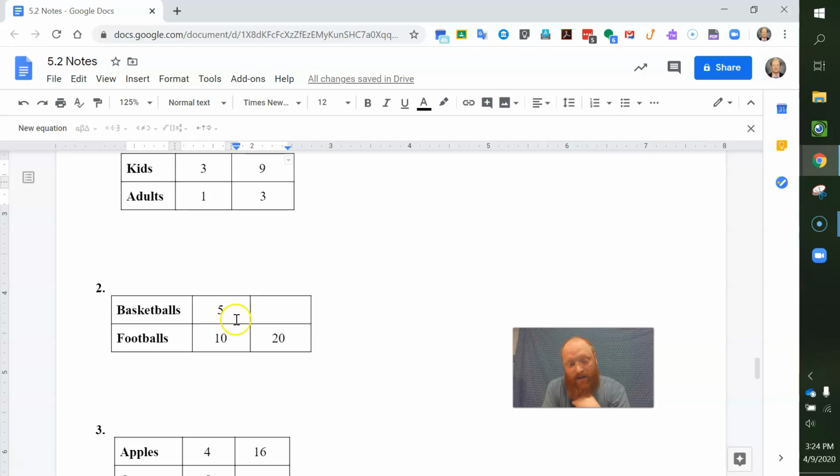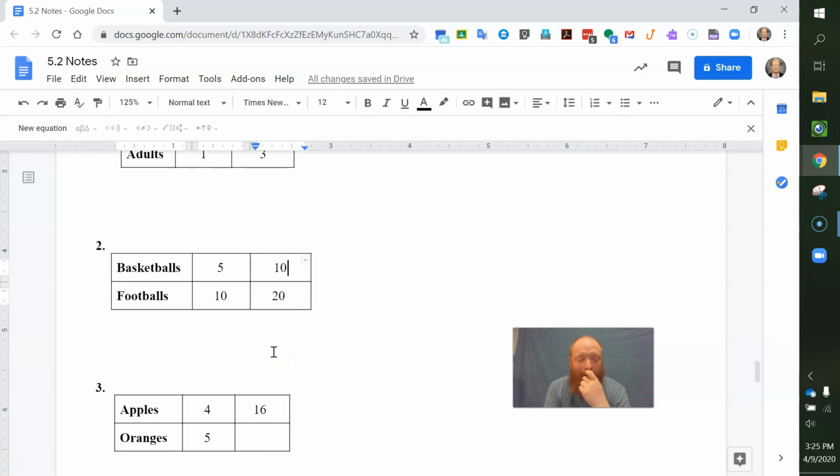And so 5 times 2 becomes 10. Okay? So for every 5 basketballs, we have 10 footballs, which means that for every 10 basketballs, we have 20 footballs.